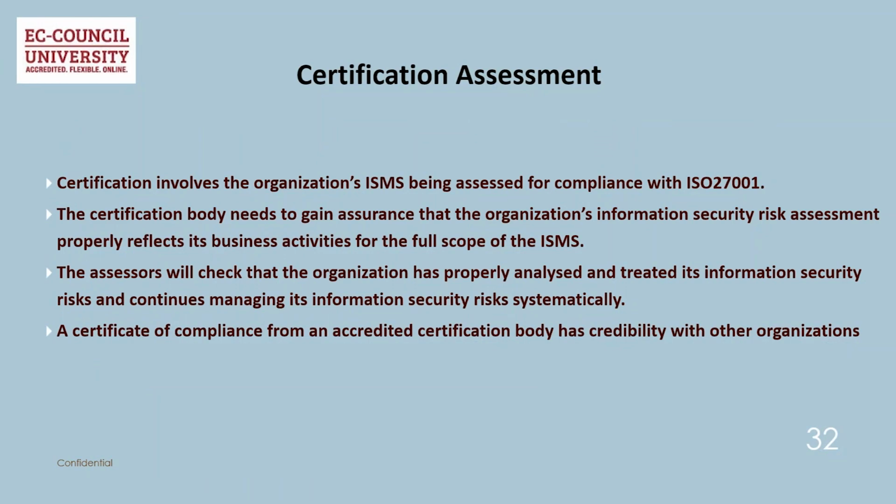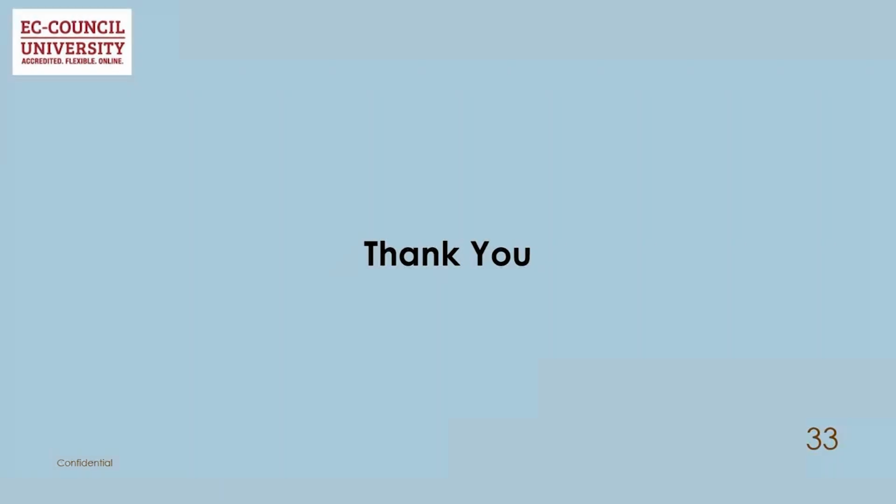And the certification body, which is a third party, gains the assurance that the organization's information security risk assessment is in line with the scope of the ISMS, and only if they are thoroughly satisfied about your organization's commitment to information security and execution of various controls, they will be able to give the certificate of compliance.